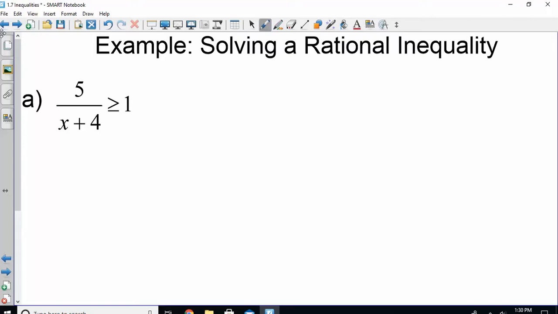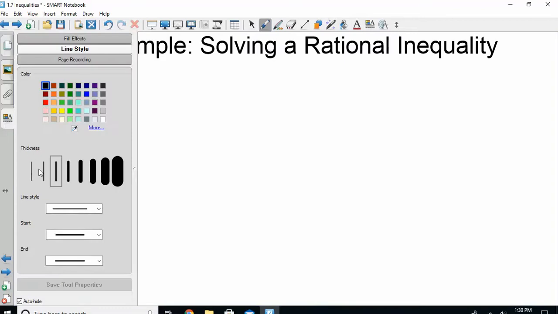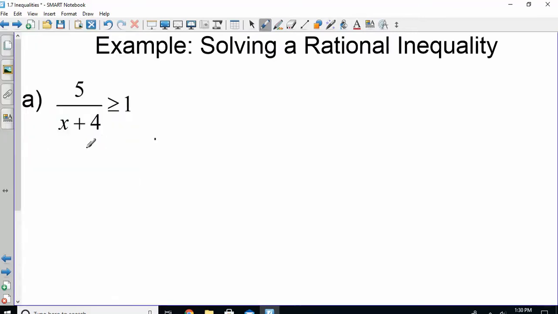Okay, a rational inequality is going to be somewhat like a quadratic inequality in that we have to get everything on one side first. So I am going to first subtract over my 1.